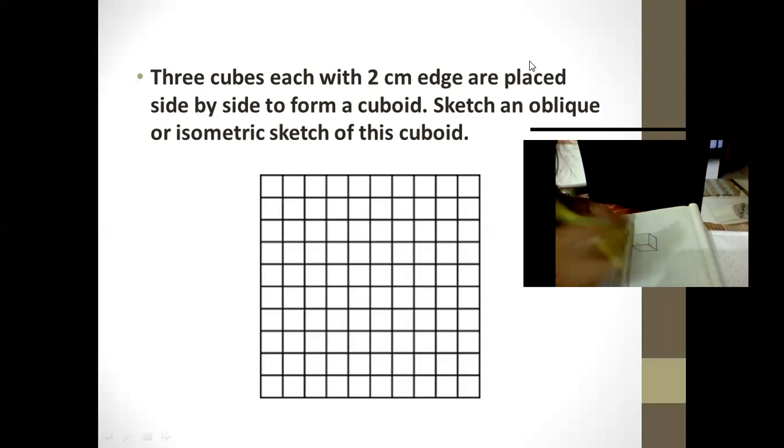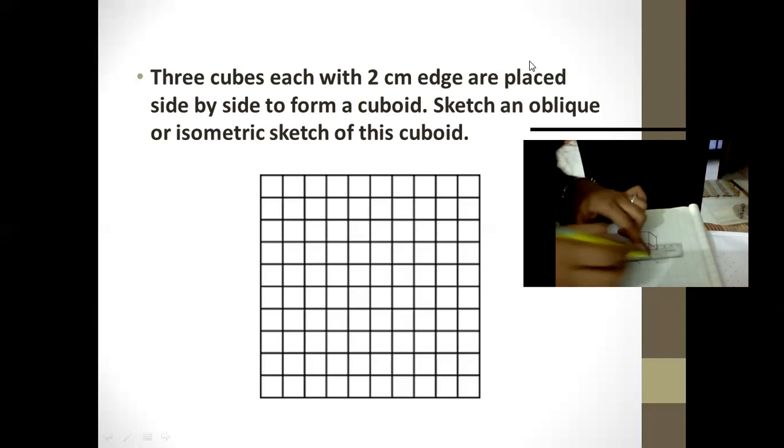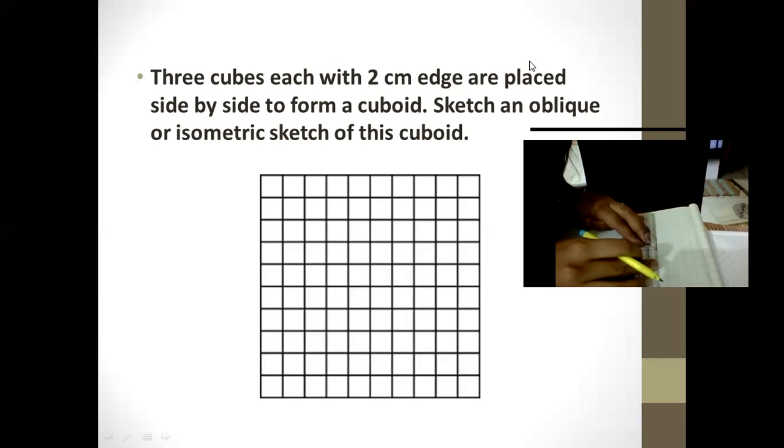Okay, this, then this. After that, diagonal, another diagonal. Okay, so we would be joining these two diagonals. After that, we would be joining them. Then we are joining these. What did we get? We got two cubes.